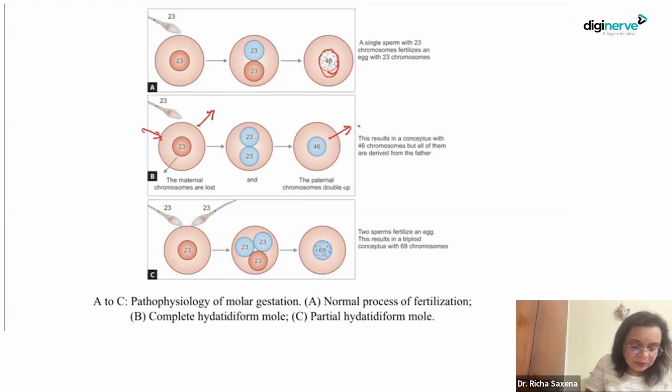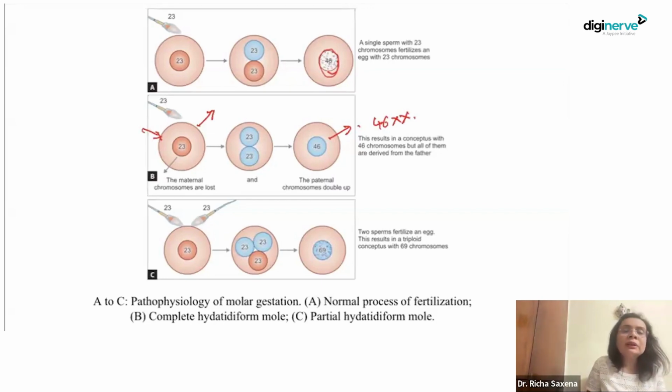And usually this is 46XX. This also comes as a question: what could be the constitutional composition of such gestation, the complete molar gestation.